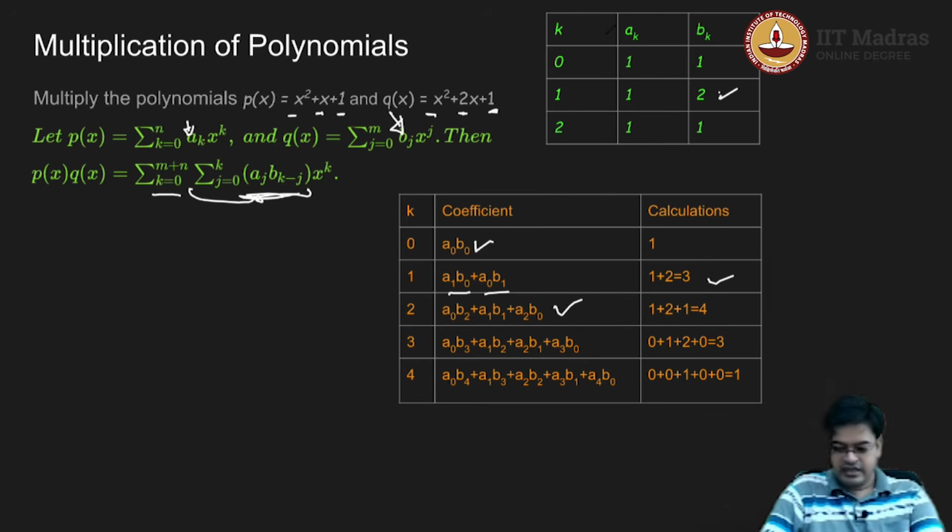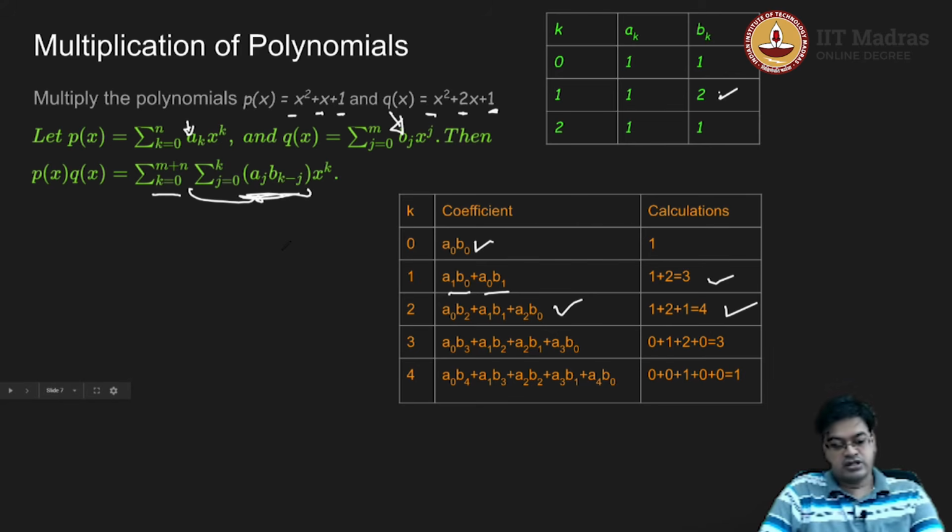Just go ahead and compute these terms. A naught is 1, b2 is 1, so you will get 1, a1 is 1, b1 is 2, so you will get 2, and a2 b naught, that is a2 is 1, b naught is 1, so you will get another 1, so you will get the sum to be 4.